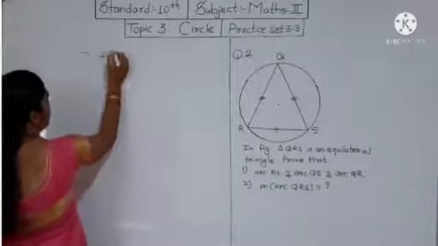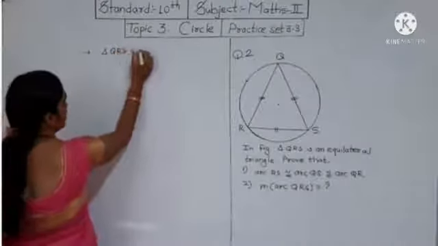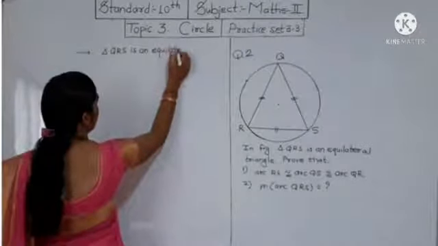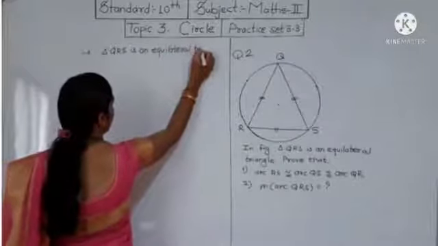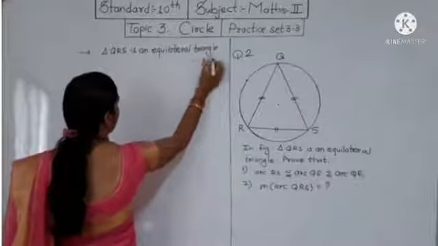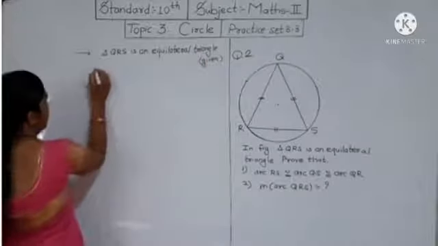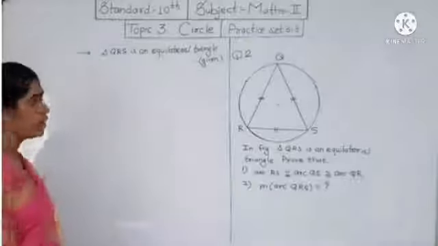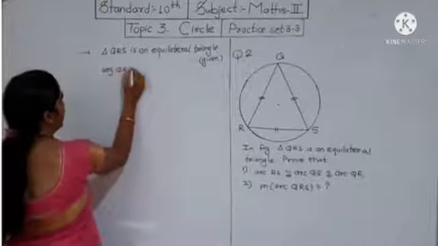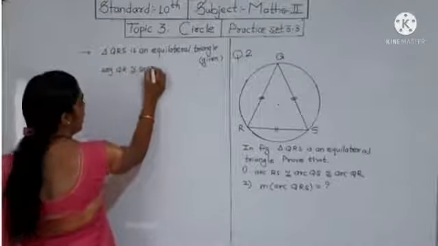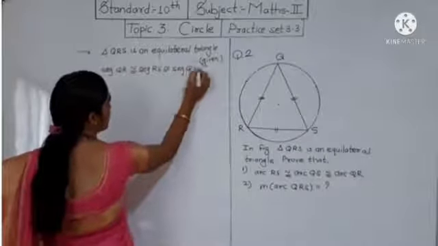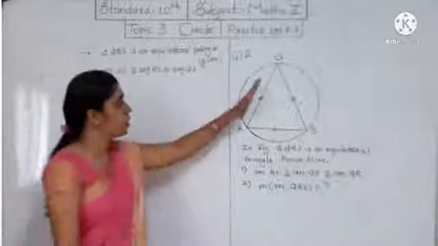Triangle QRS is an equilateral triangle. Therefore, equilateral triangle means all sides are equal. Therefore, segment QR is congruent to segment RS is congruent to segment QS. These all segments are congruent.